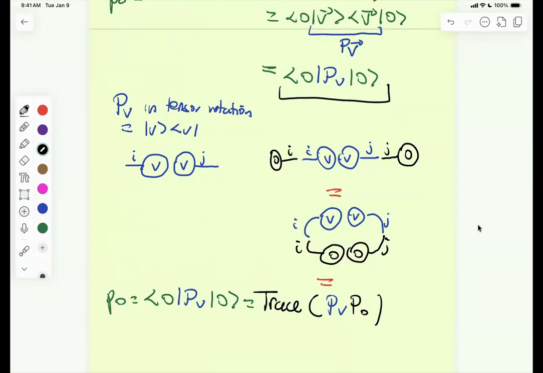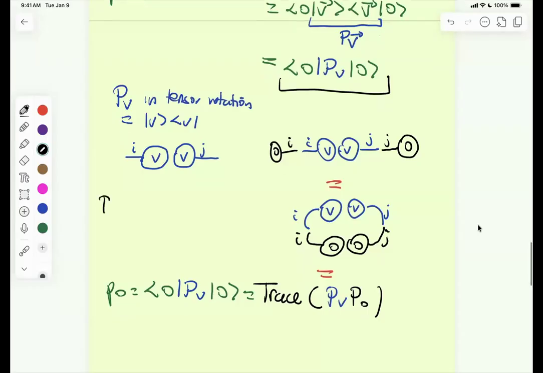It's another way to think about the probability. Oh, P0, I should write it. You're right.